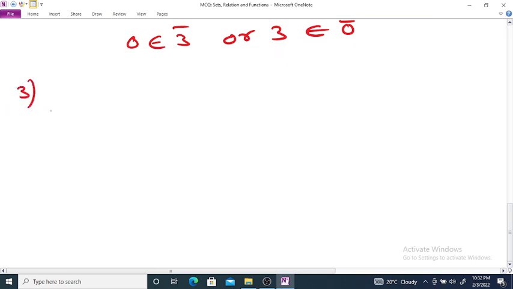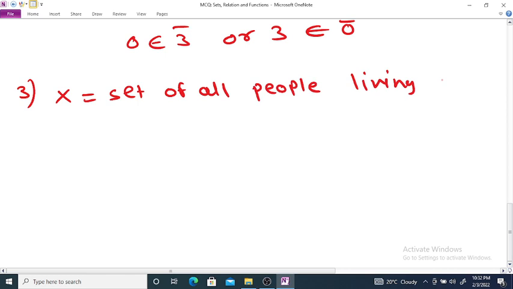Let X denote the set of people living in India. X is equal to the set of all people living in India.